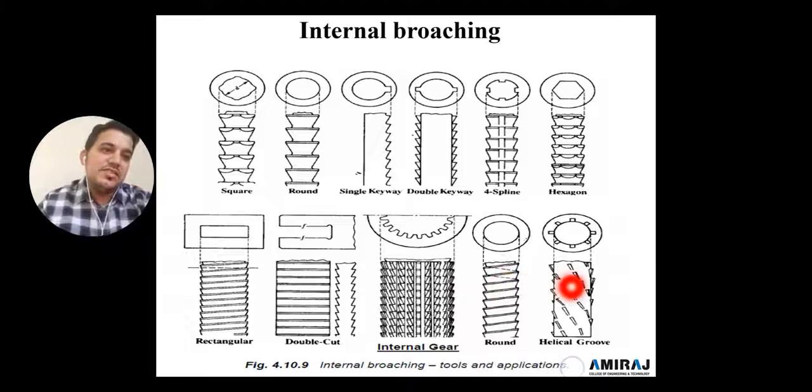Then you can observe here the helical grooves are there. When helical grooves are required, this is the most important term. When any rotary type of stocks are there, for the hoisting purpose, whatever cylinder we are using, internal threading is required, and that internal threading will be the helical groove.